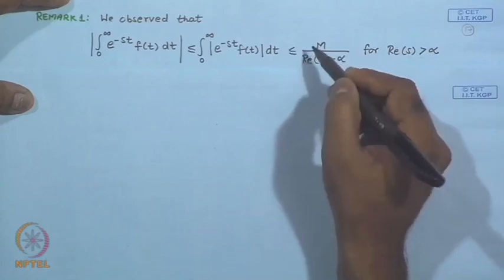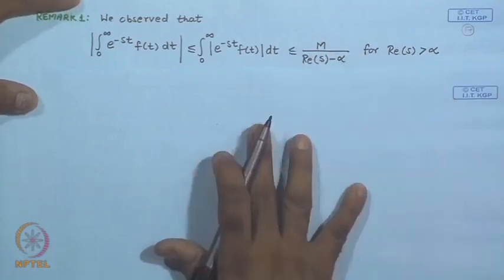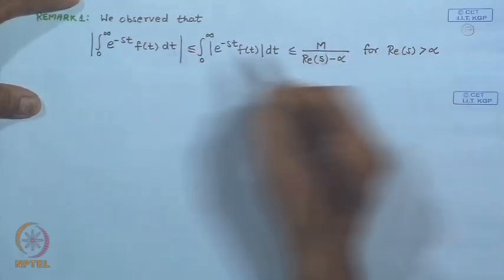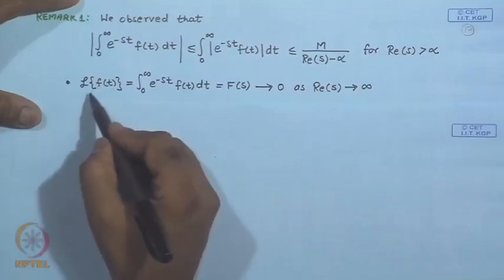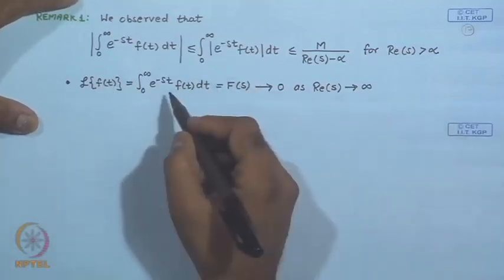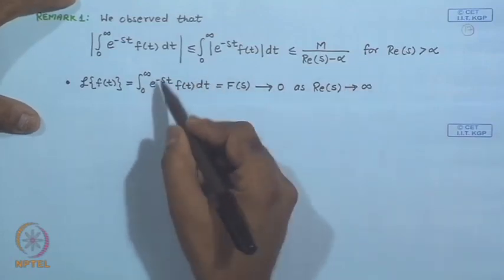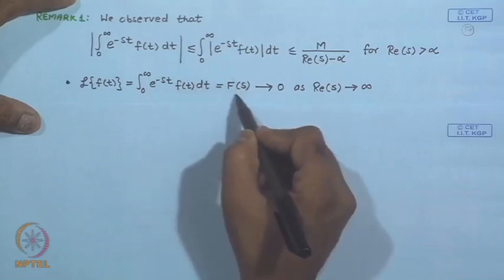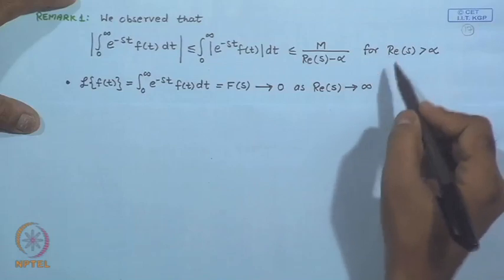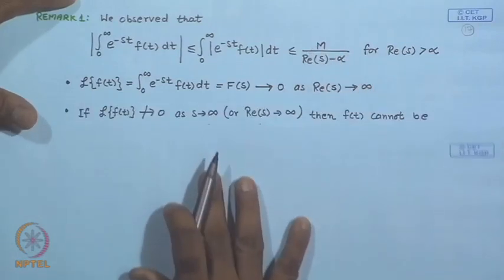What is interesting to see here is that if we let this real s go to infinity, then what will happen? This will go to 0. The Laplace transform of any function which is piecewise continuous and of exponential order, which we denote by F s, will go to 0 as real s goes to infinity, because this term will go to 0.